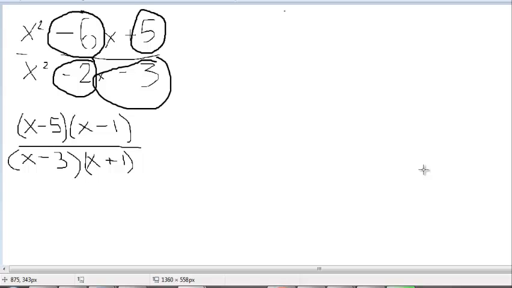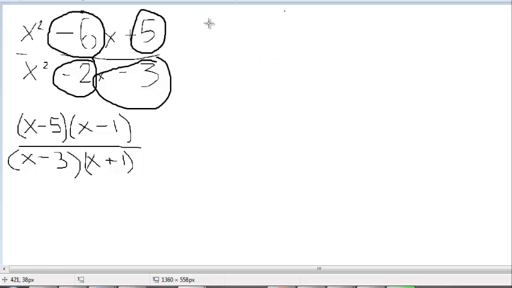First of all, we want to determine the zeros. This is where it intersects with the x-axis. The top piece here is going to show us where these zeros are. What x values would cause the numerator to equal 0? 5 minus 5 would equal 0, and 1 minus 1 would equal 0.